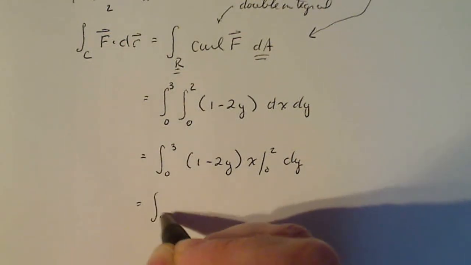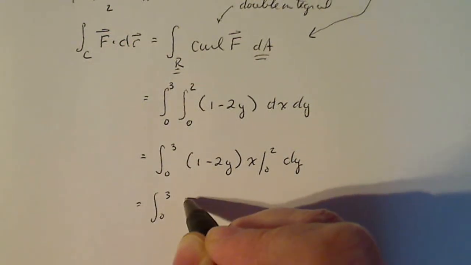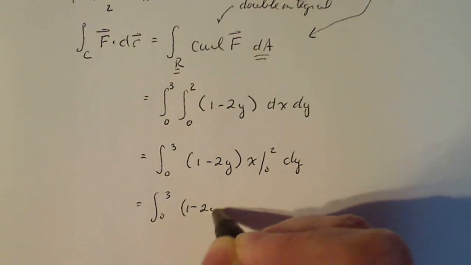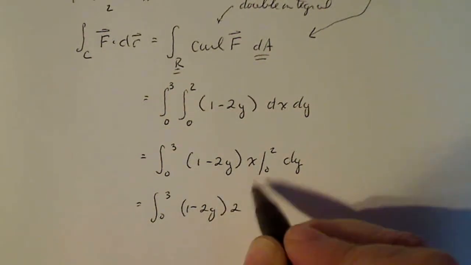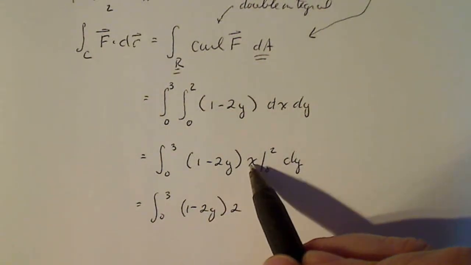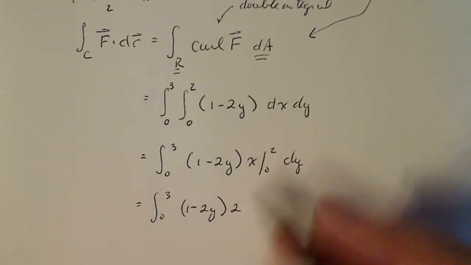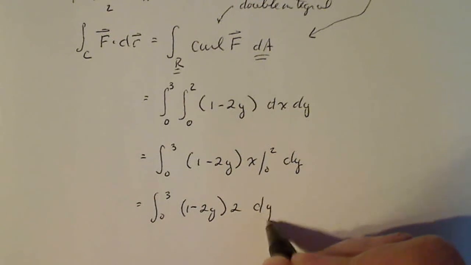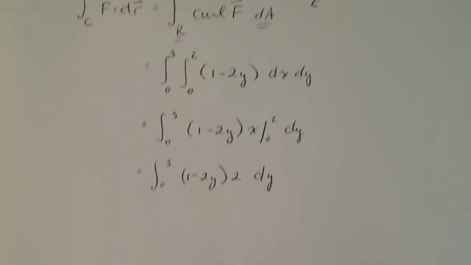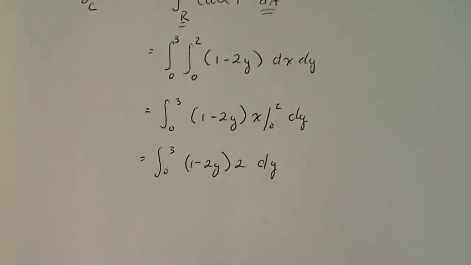That's going to equal the integral from 0 to 3 of 1 minus 2y times 2. Remember I have to plug in 2 for x and then subtract plugging in 0 for x, but 2 minus 0 is 2, so I am good to go with that. Then I'm going to take the integral with respect to y.